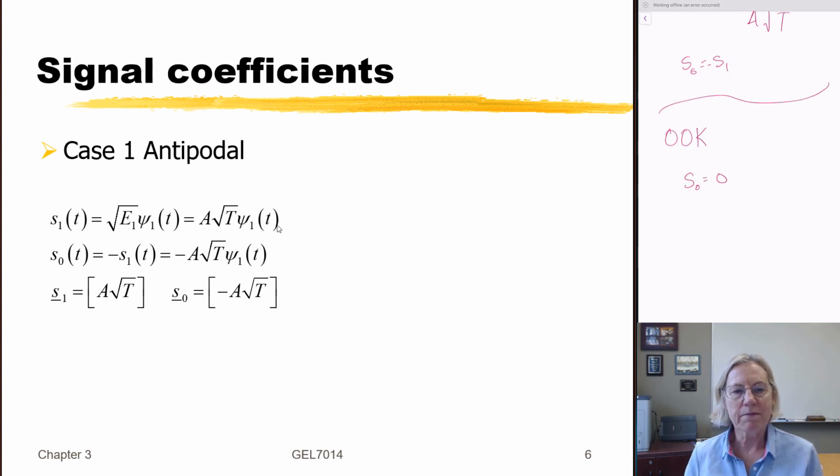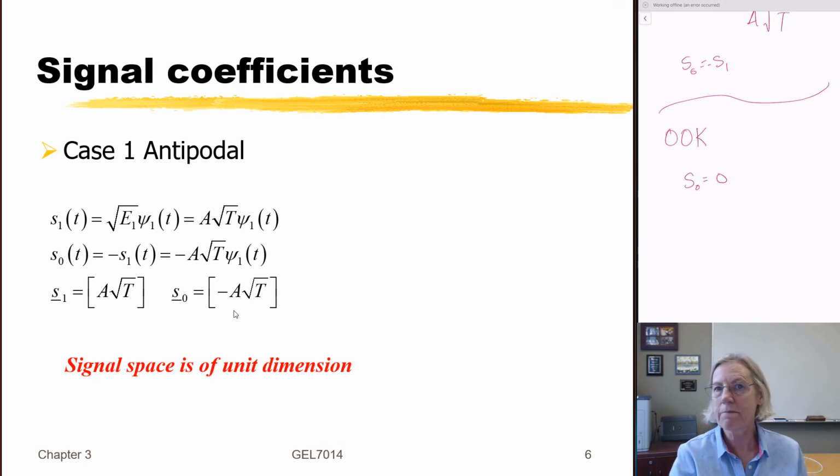So if we want to write them as vectors, here we'll take the two symbols, S1 and S0, and we write here their coordinates. In S1, the first coordinate is a square root of t, and for S0, it's just the negative of that. So now we represent them as these two vectors, and of course the signal space we see is of dimension 1. There's one basis vector.